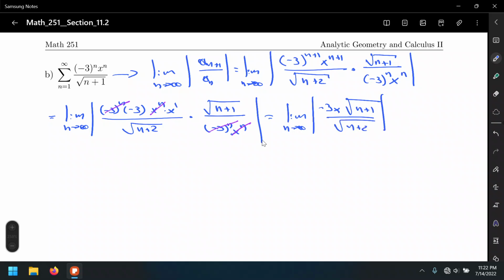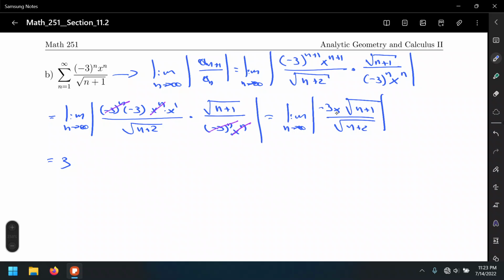Alright, let's go one step at a time. Number one, I would like to take this negative 3 out of the absolute value bars and in front of the limit. However, because of the absolute value bars, this negative 3 will become a positive 3. Also, because the limit that we are computing is in terms of n, x technically is a constant which could be taken outside.